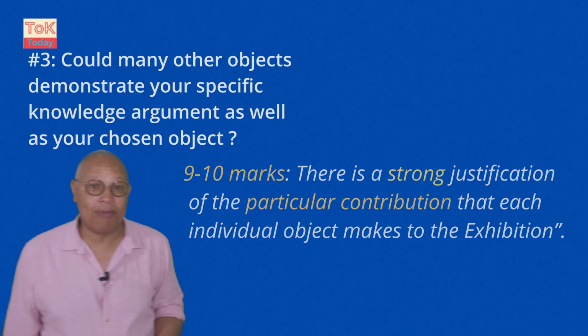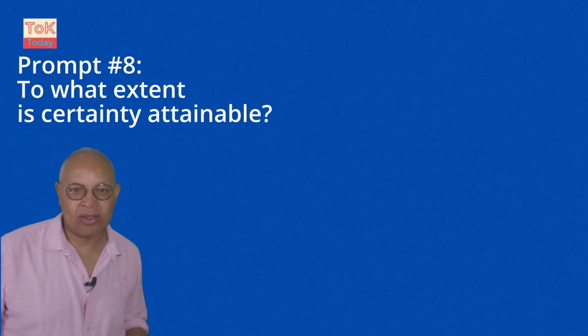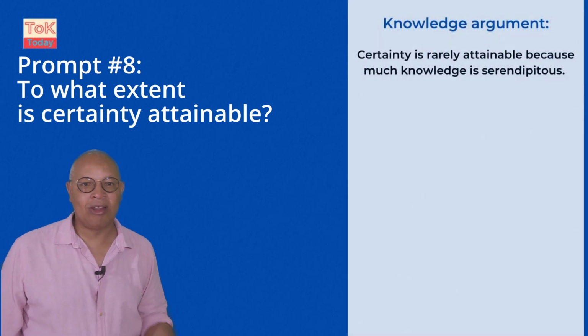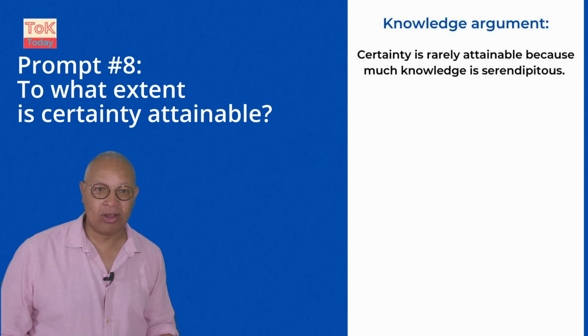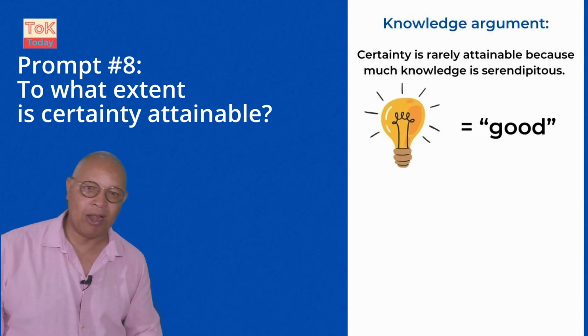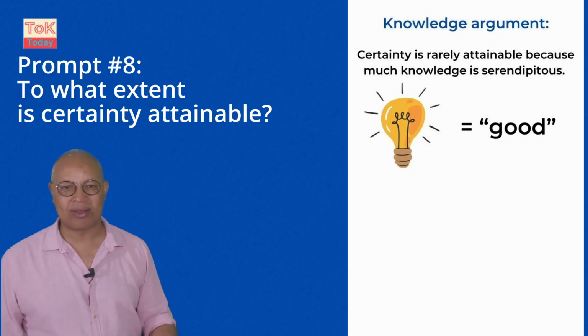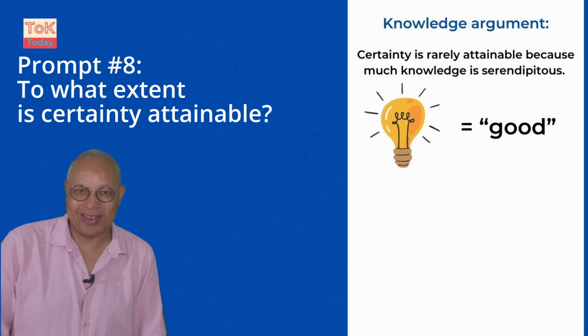So let's look at a couple of examples. If we were answering prompt number 8, to what extent is certainty attainable, and we were developing the knowledge argument that certainty is rarely attainable because much knowledge is serendipitous, we could choose the first light bulb invented by Edison, arguing that Edison discovered the luminosity of the carbonized cotton thread filament serendipitously.